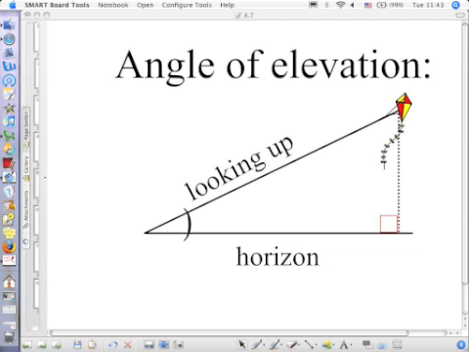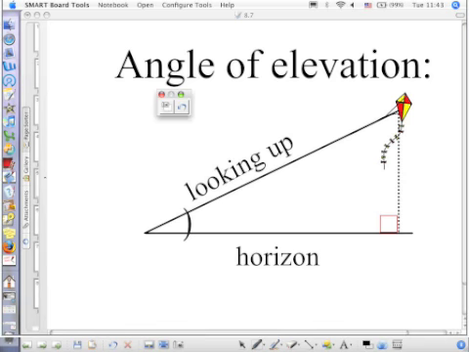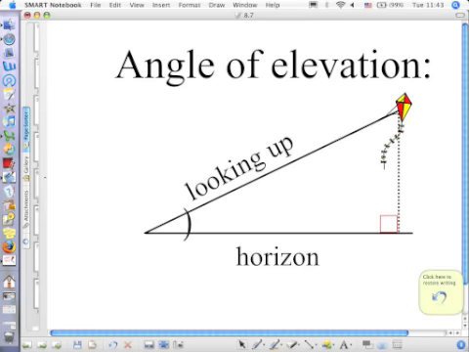Here, the angle of elevation would be if you were standing here flying a kite and you're looking up to the kite. So X would represent the angle of elevation. Looking straight out and then going up. Okay, elevate.